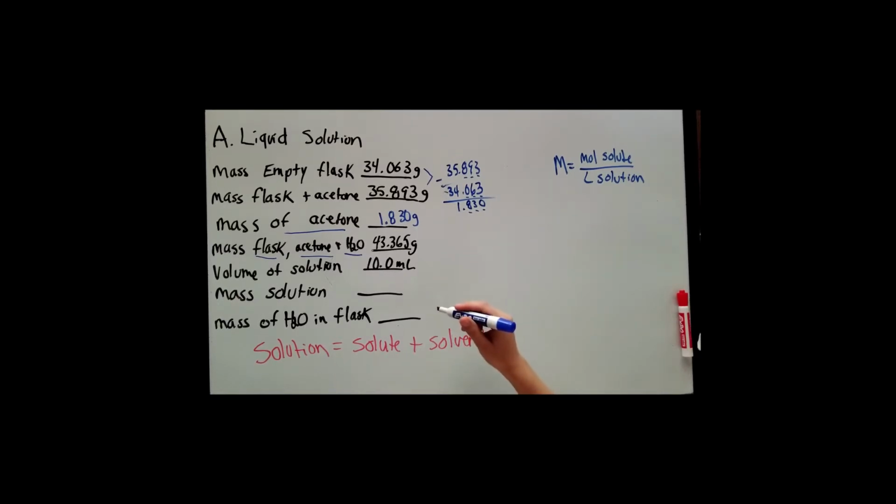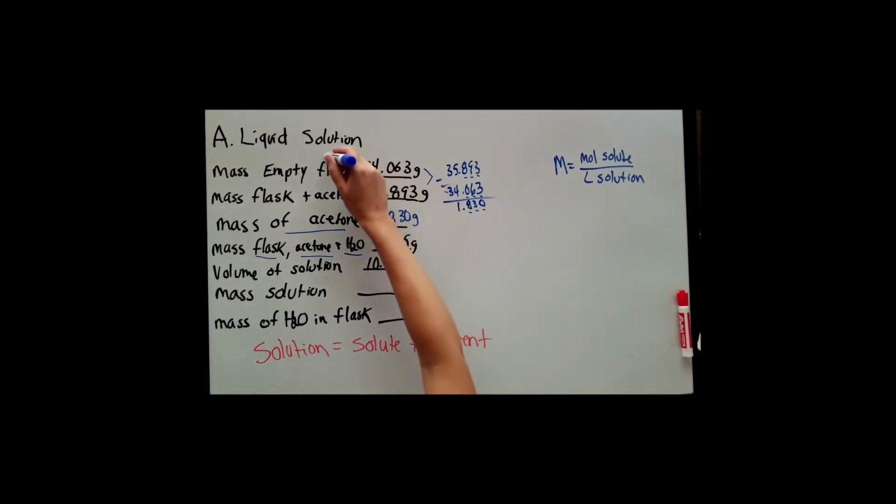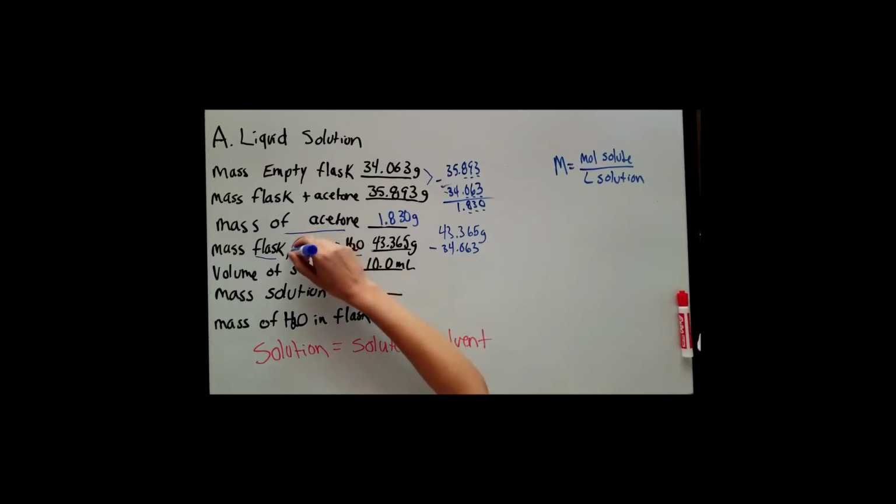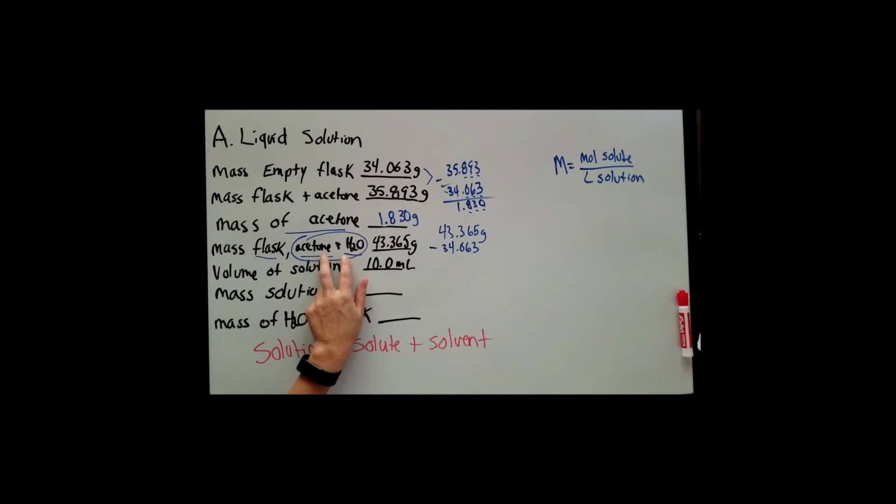If I take this 43.365 grams and subtract out just the flask, what's left? What's left is the acetone and the water, which are the solute and the solvent. So if I subtract out the flask, I'm left with the solution. That's this mass here.